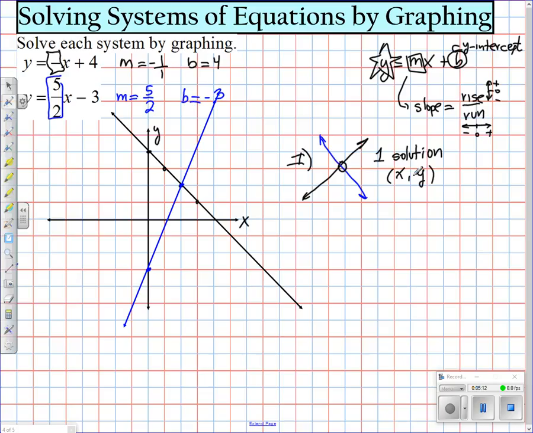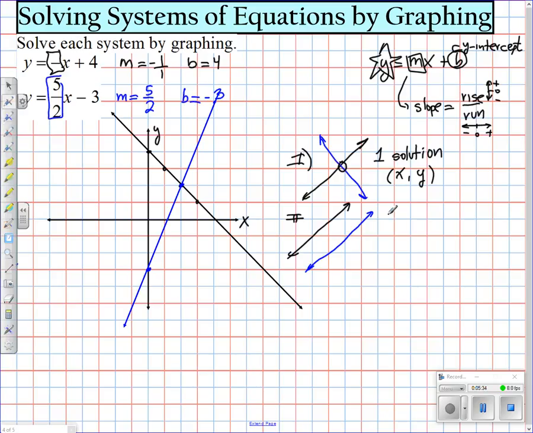Second case: if you graph two lines, maybe the two lines never meet. They never intersect. If the lines never meet, that's the definition of parallel lines. What do these two lines have in common?